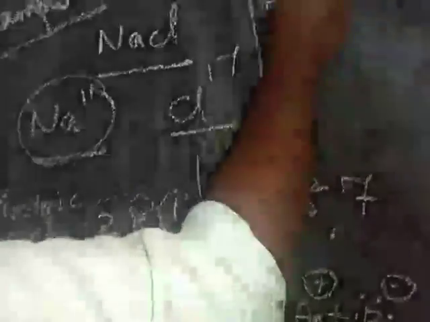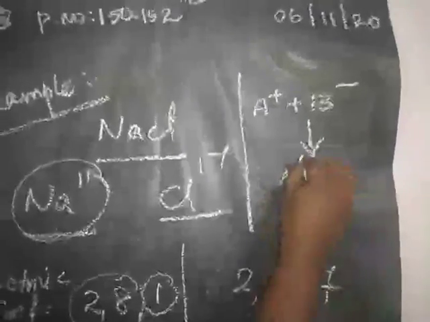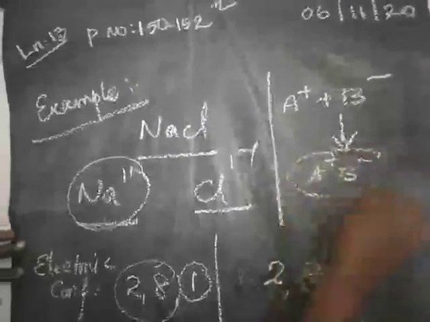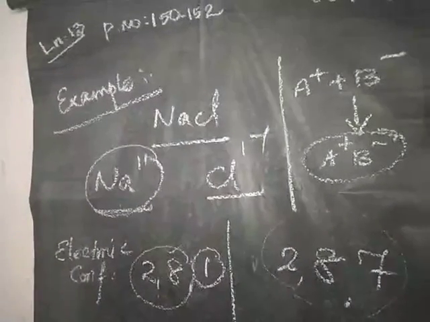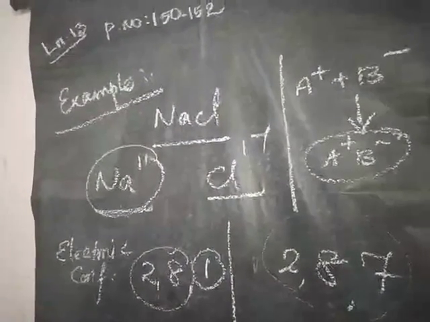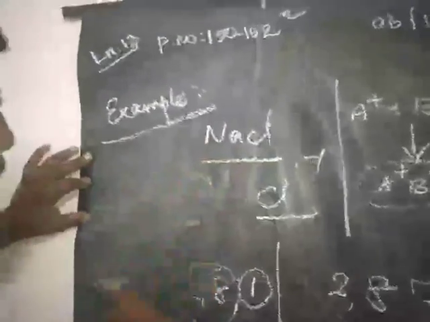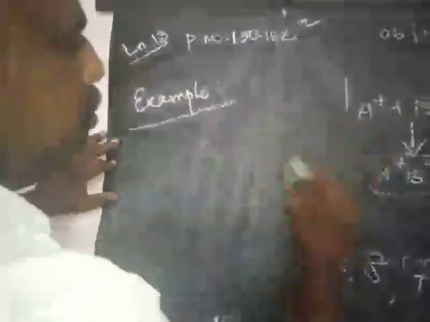We can write it this way also: A plus and B minus give AB, an ionic compound. We will also see this based on the electronic configuration structure.